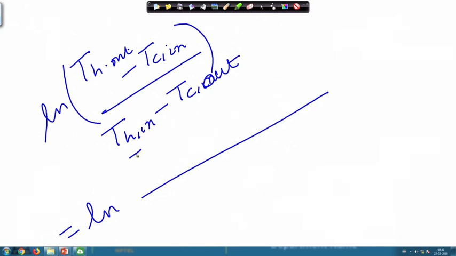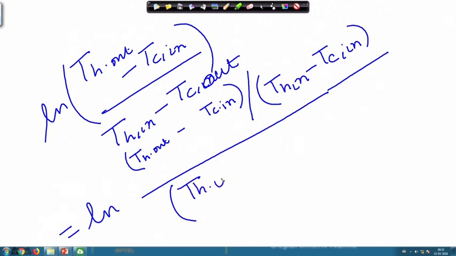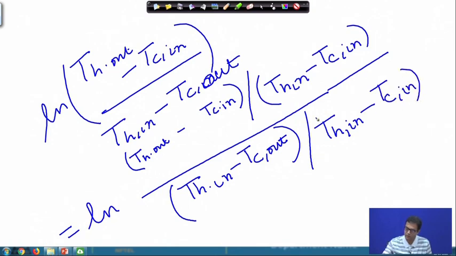So, what we have to do is that the numerator (T_H,out − T_C,in) will be divided by the maximum difference in temperature (T_H,in − T_C,in), and the denominator (T_H,in − T_C,out) also will be divided by (T_H,in − T_C,in). So, this will not change the equation as such.